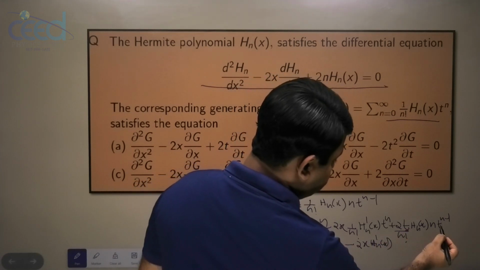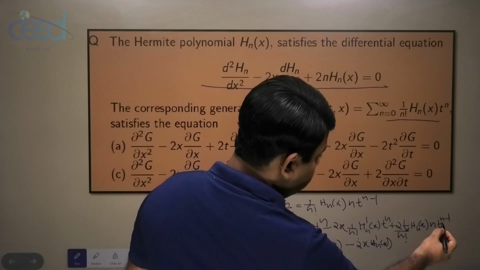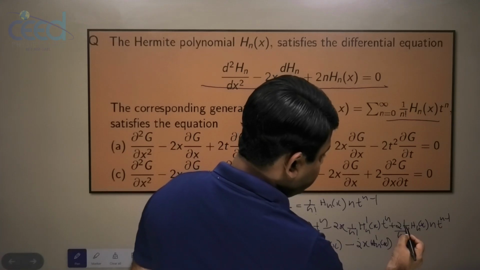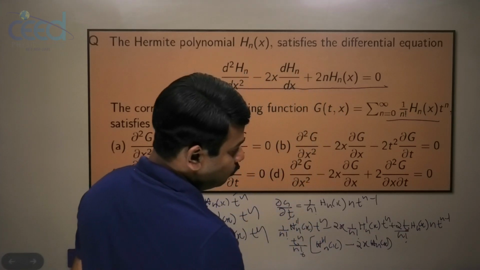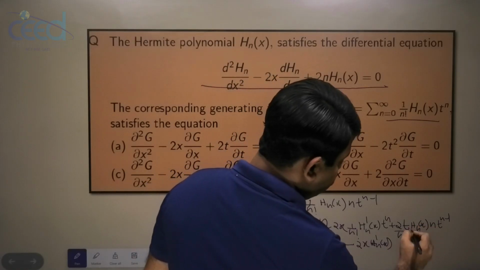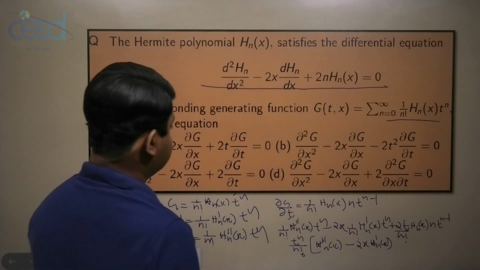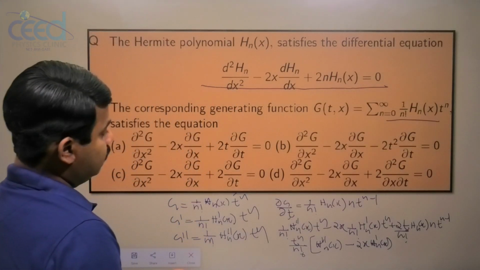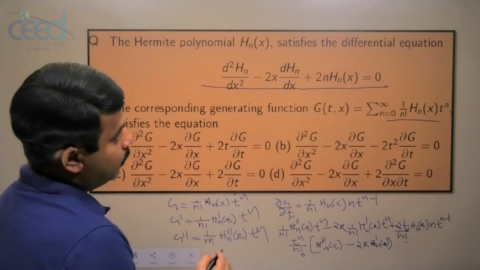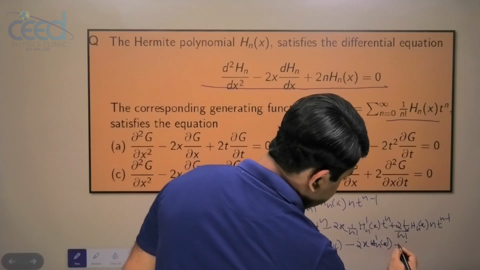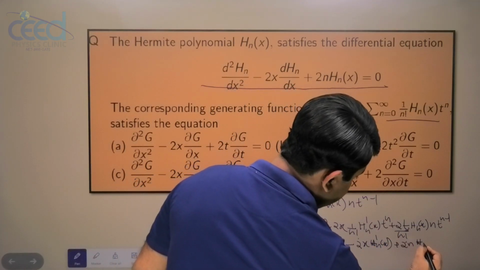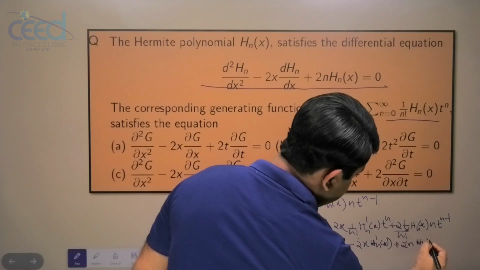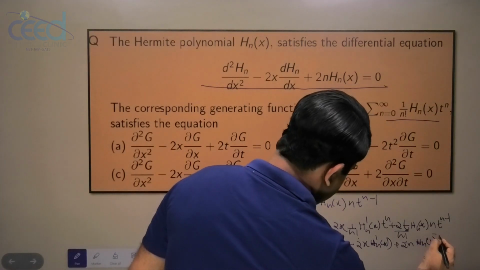Here t raised to n by n factorial going out, this t and t raised to minus 1 cancel, then plus 2n h_n(x).